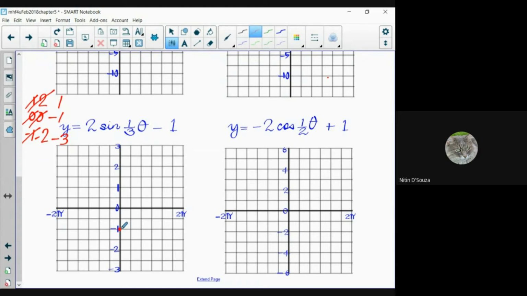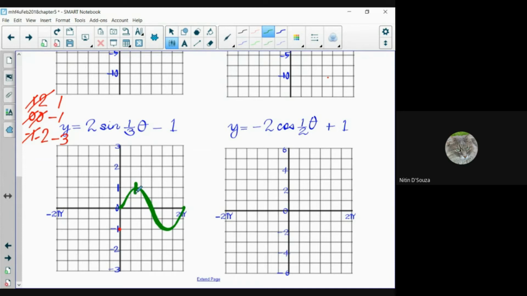So my sine curve normally might look like this. So there's my 1 point, and that's 1.5 squares, because it'll be half of 3.